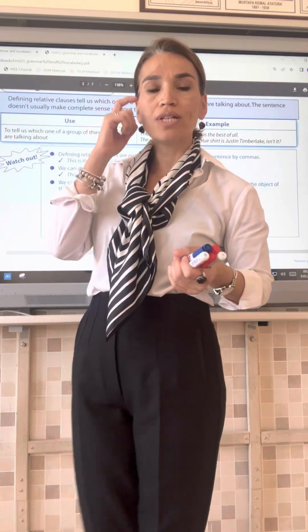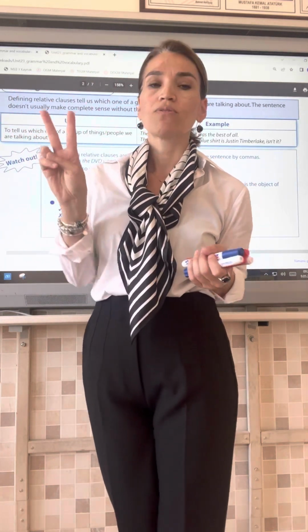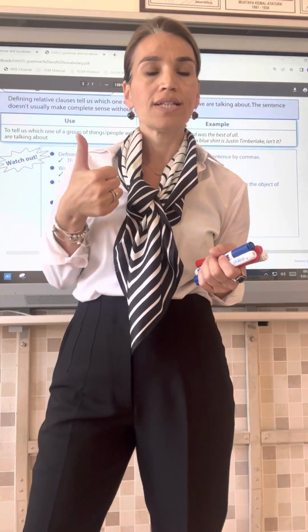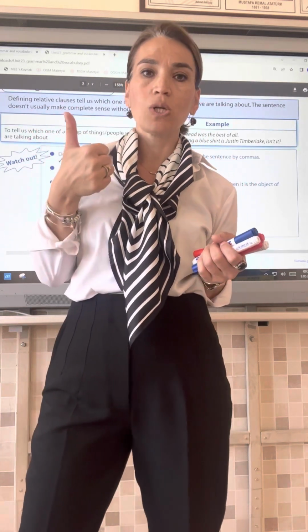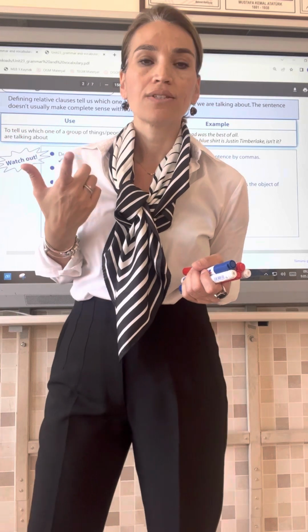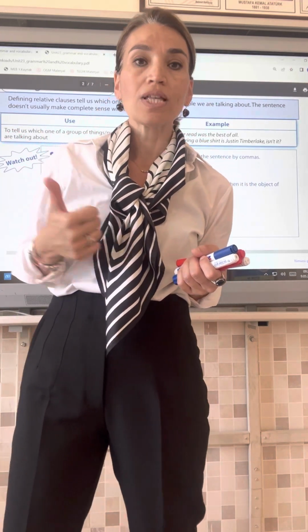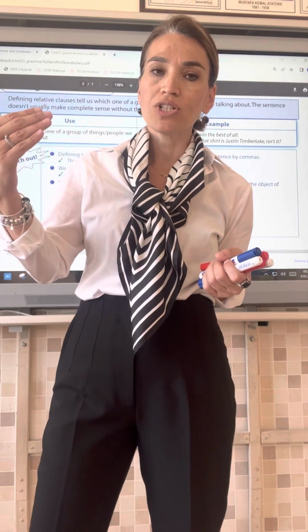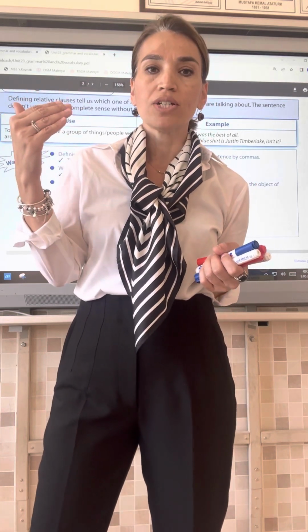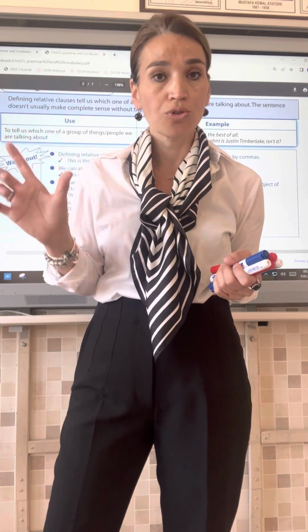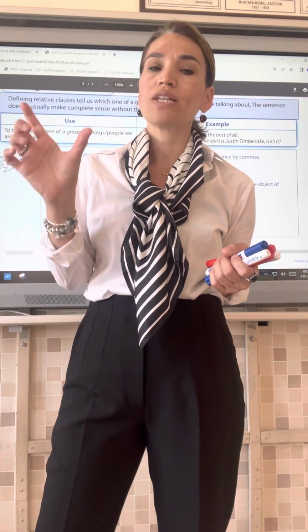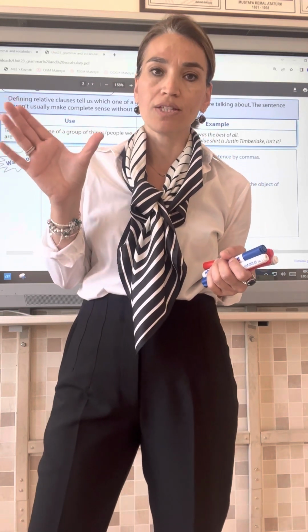And I told you that we have two types of relative clauses. One is the defining relative clause and the other is the non-defining relative clause. For defining relative clauses, the additional information that we mention in the sentence is crucial. So you should definitely add that part in your sentence.